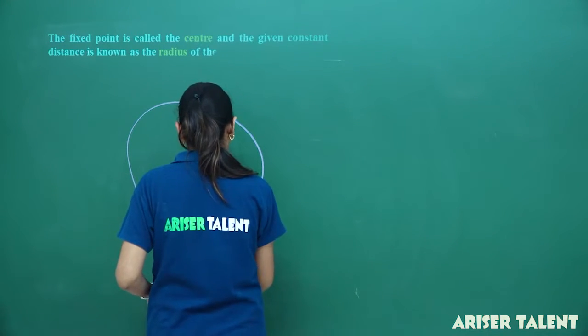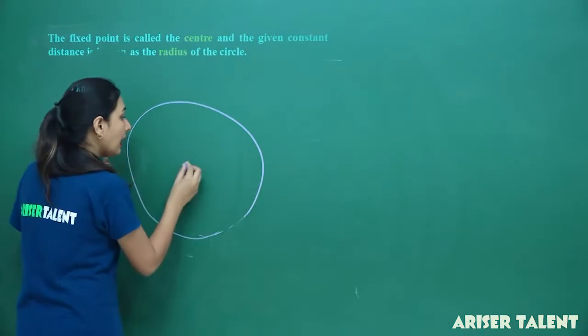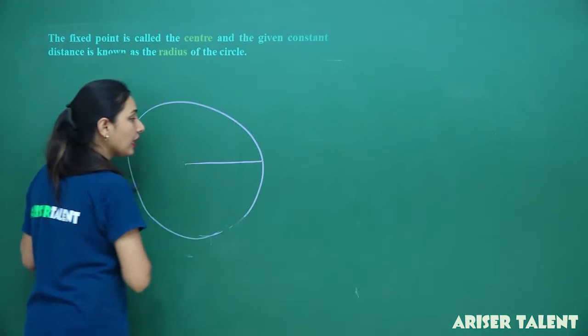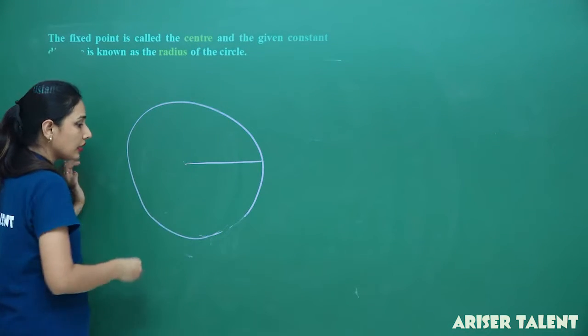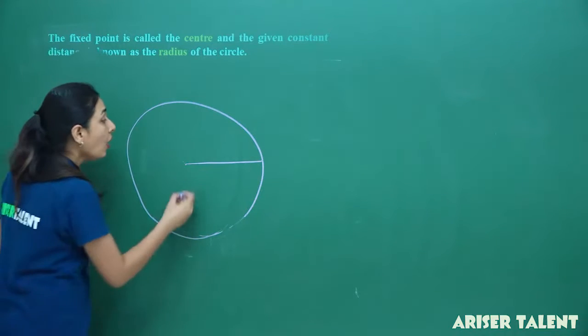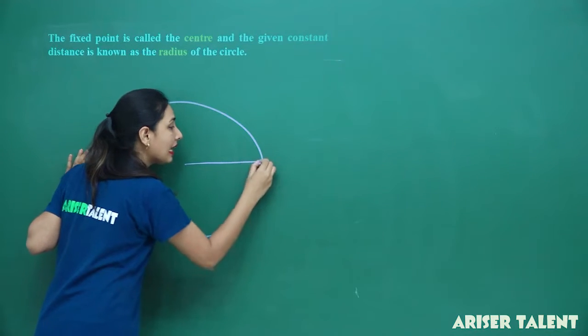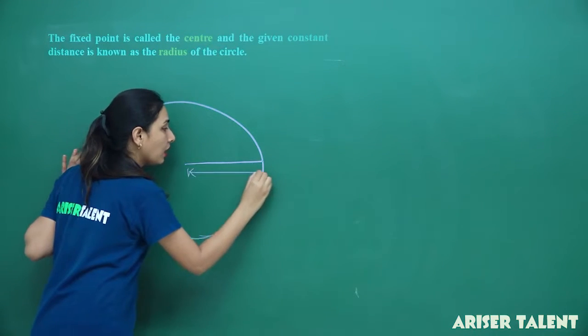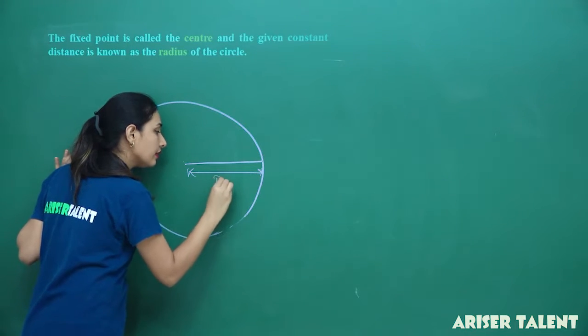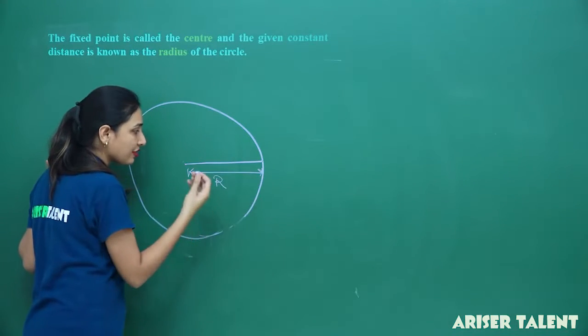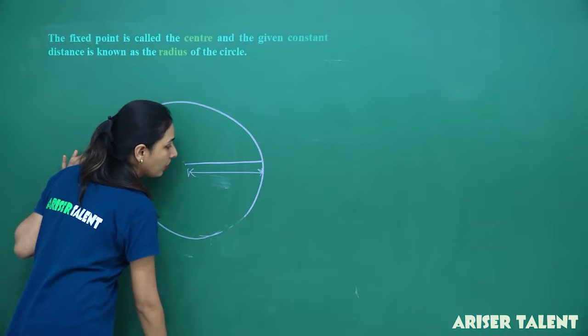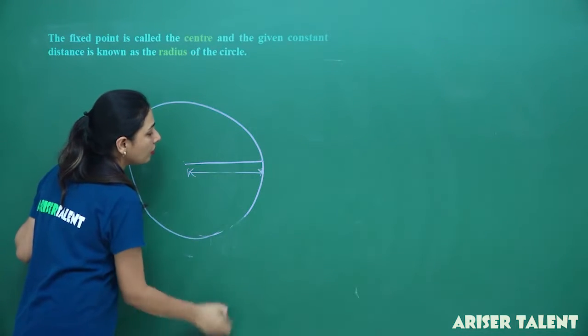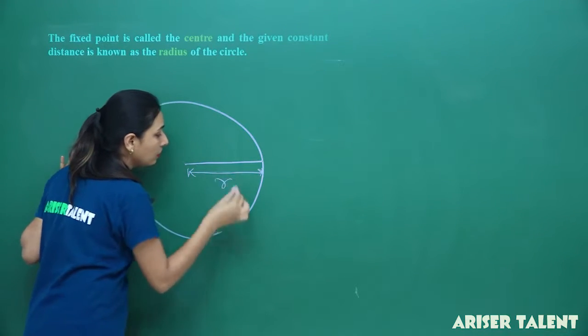Now, the length of the arc will be like this. This will be constant. Let's suppose this is a proper circle. So this is the length, that is your radius r. You will denote it not by capital R but by small r.